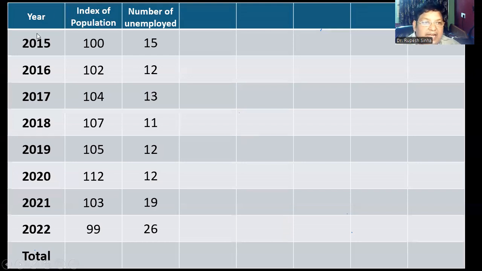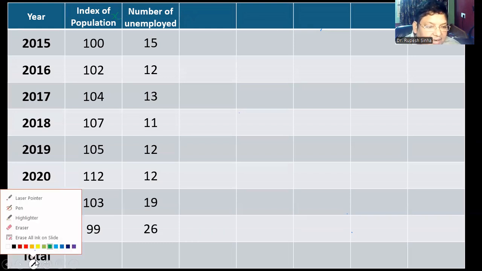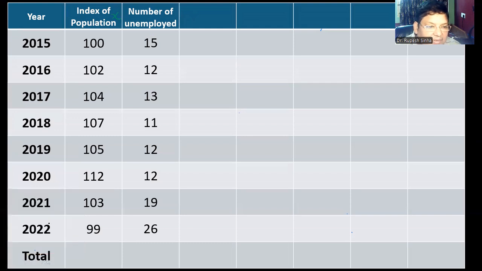I have typed all this over here: index of population, number of unemployed. We will consider index of population as x, and this is y. Let me change the color to black so that you can see it clearly. We need to find capital X equal to x minus x bar, and capital Y equal to y minus y bar.